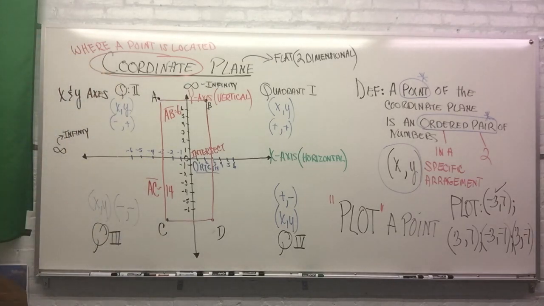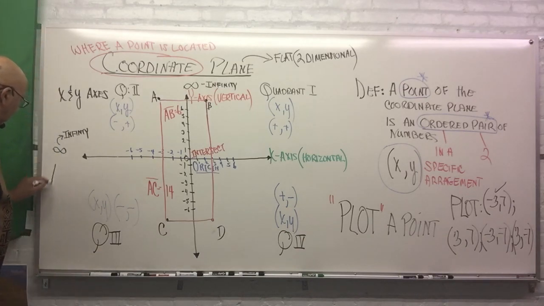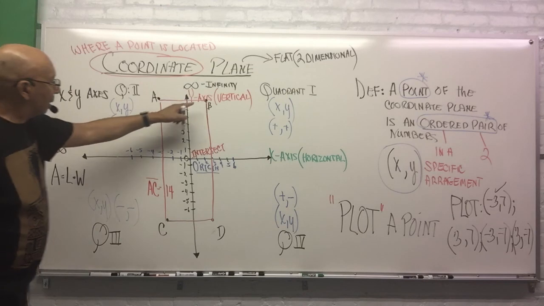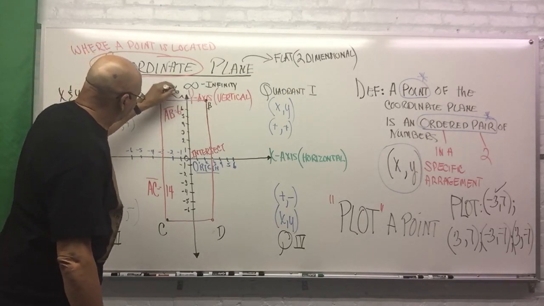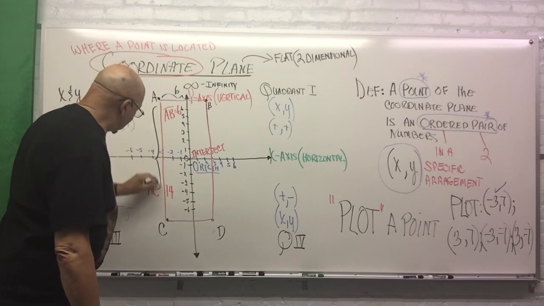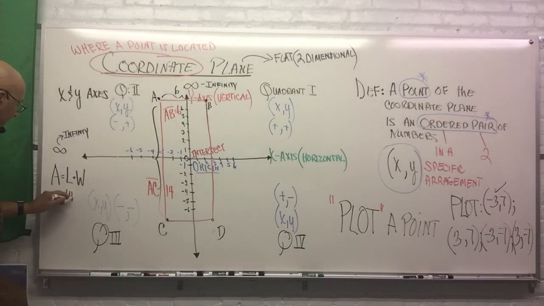So if someone said, well, Dr. Whitaker, what is the area of this rectangle? I could say, well, that's easy, because I know area equals length times width. And if you tell me that this is 6 and this is 14, all I have to do is multiply 14 times 6.